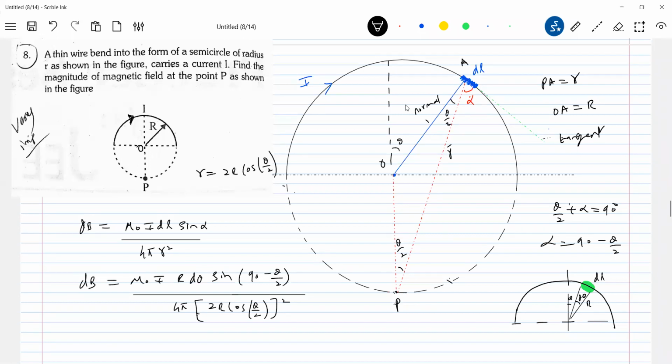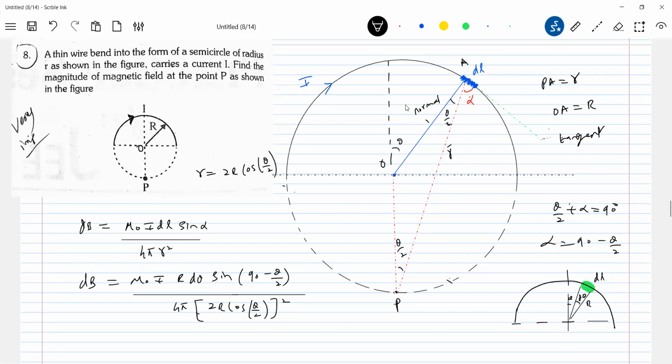Now what should be the theta limit? Minus pi by 2 to pi by 2, or you assume one more symmetric element, 2 into 0 to pi by 2.